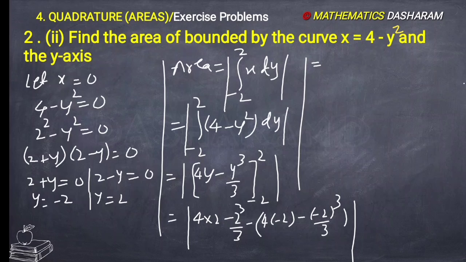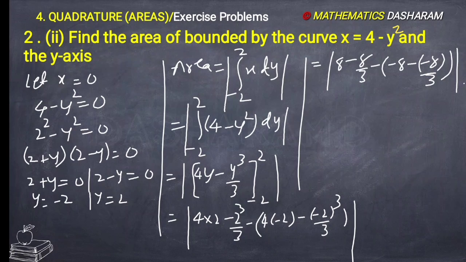So it is equal to 4 into 2 is 8, 2 cube is 8 by 3, minus 4 into minus 2 is minus 8, minus of minus, here minus 2 whole cube is minus 8 by 3. It is equal to 8 minus 8 by 3 minus 8 minus of minus plus 8 by 3.